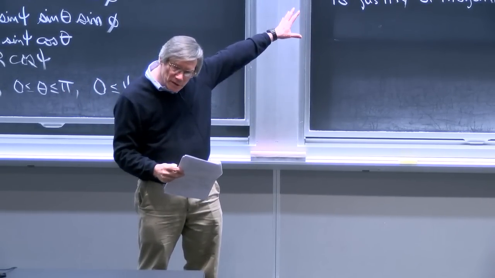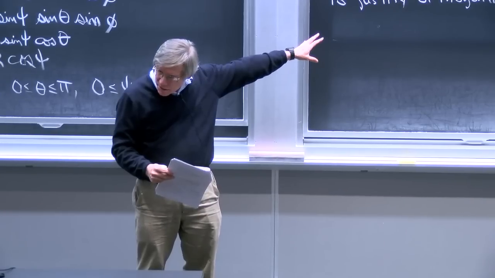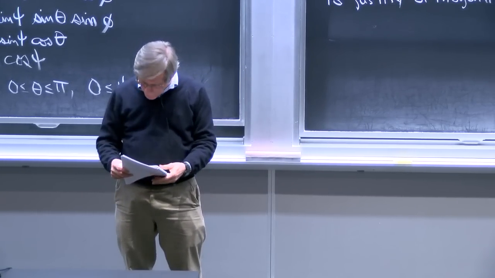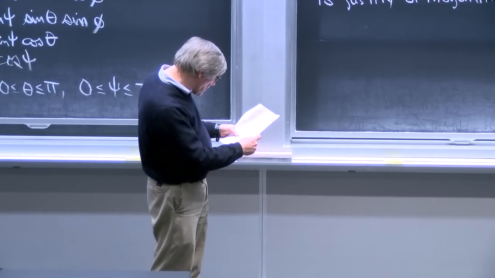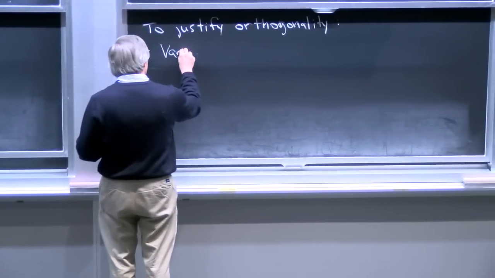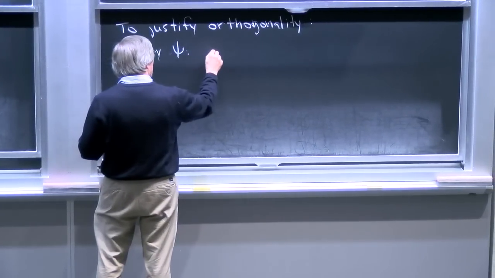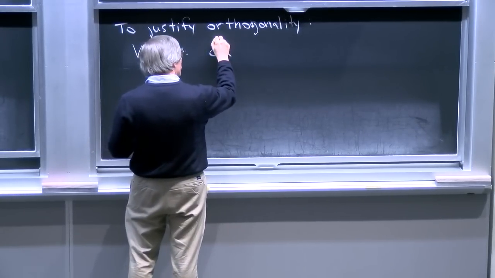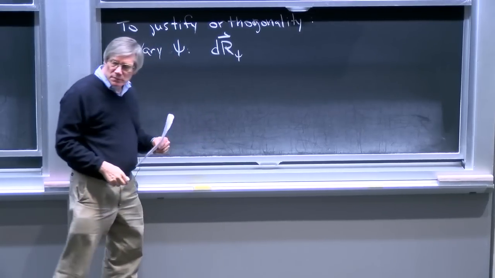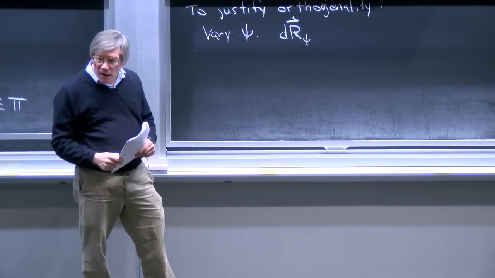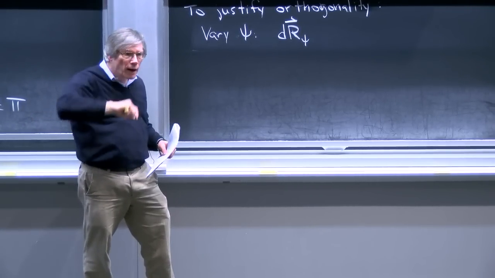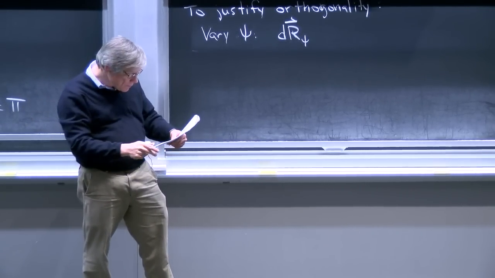We're justifying this in the Euclidean embedding space, so in the Euclidean embedding space these transformations are orthogonal. So let me imagine varying psi and then I could construct a 4-dimensional vector dr, I'll call it sub psi because it arises from varying psi. So this is the 4-dimensional vector that describes the motion of this point r as psi is varied.